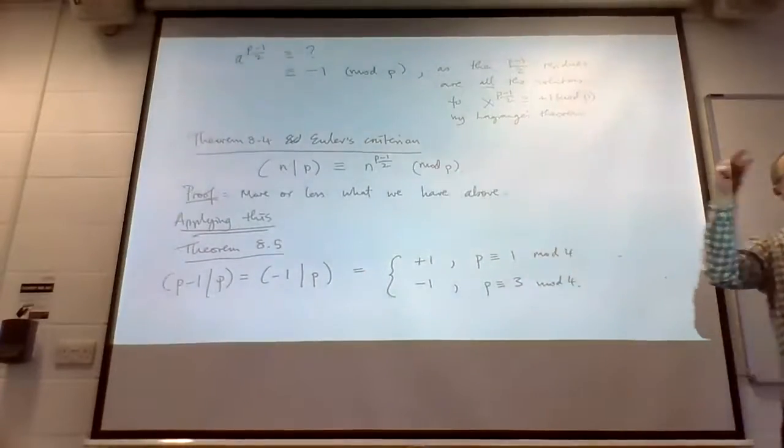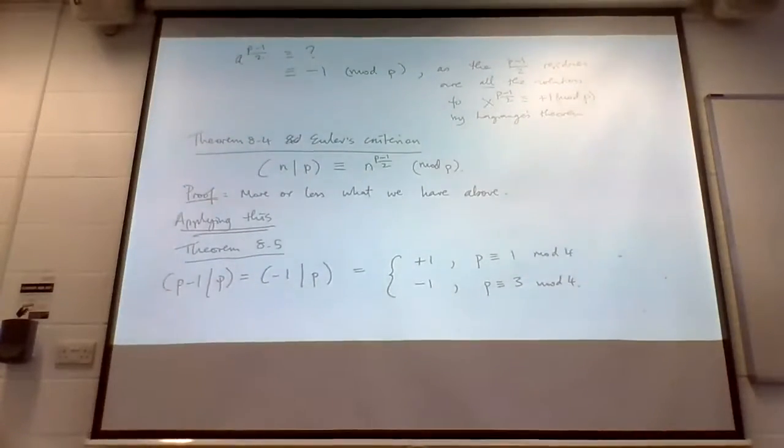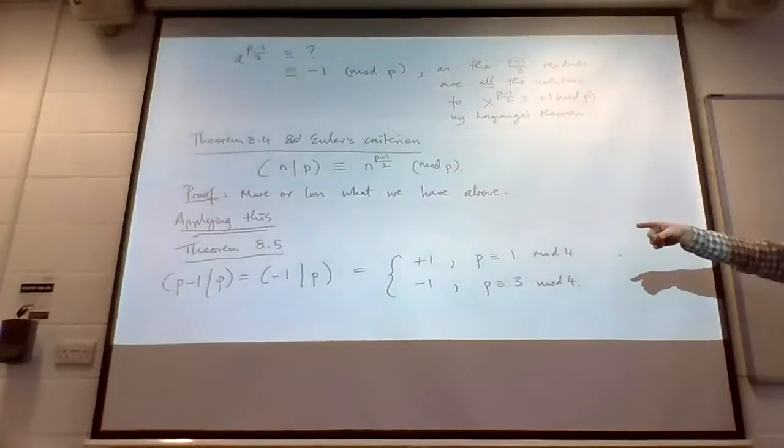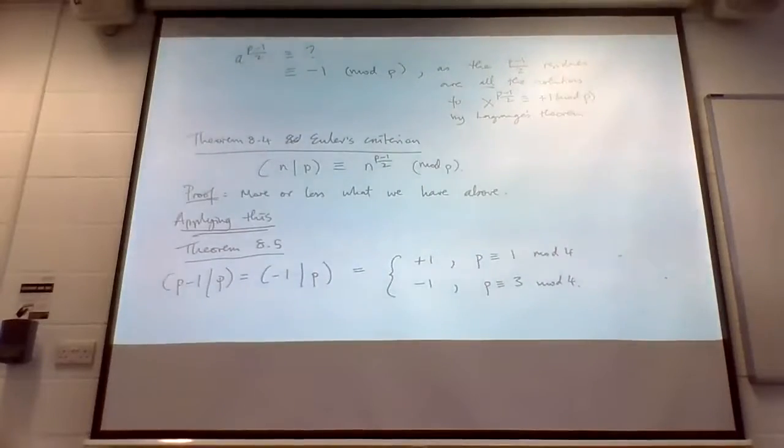Remember, 100 is a multiple of 4, so to work out something modulo 4, you only have to look at its least significant two digits, the tens and unit digits, because the hundreds, thousands, etc. are all congruent to 0 mod 4.